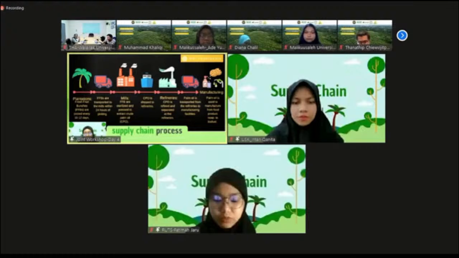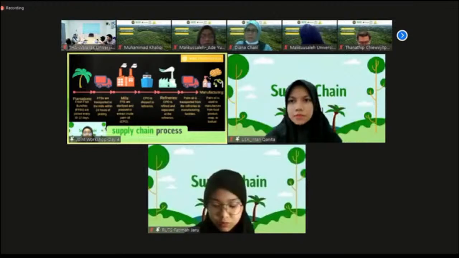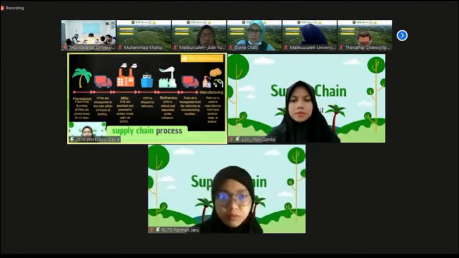And the harvester will chop off the palm branches and collect the bundles of the ripe palm fruit, or the fresh fruit branches, FFB, and those palm fruits will be distributed by truck to the mill.